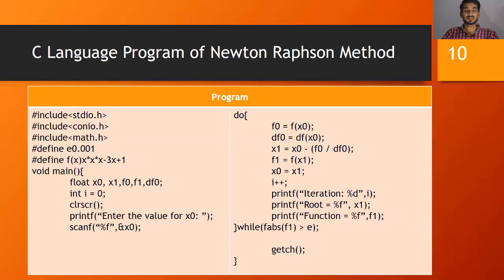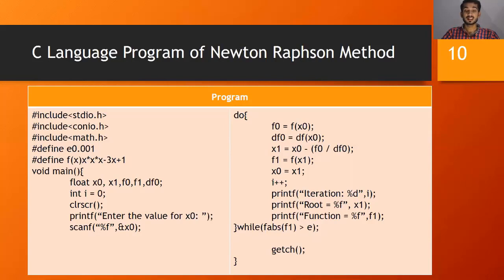So this is the C language program of the Newton-Raphson method. The left and right sides are parts of one program. Starting with the header files, which include stdio.h, conio.h, and we have included the math header for using math formulas.